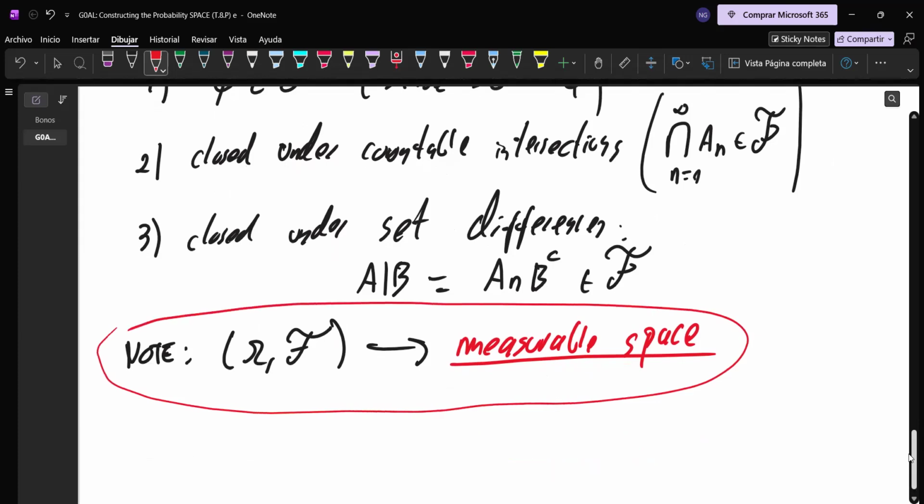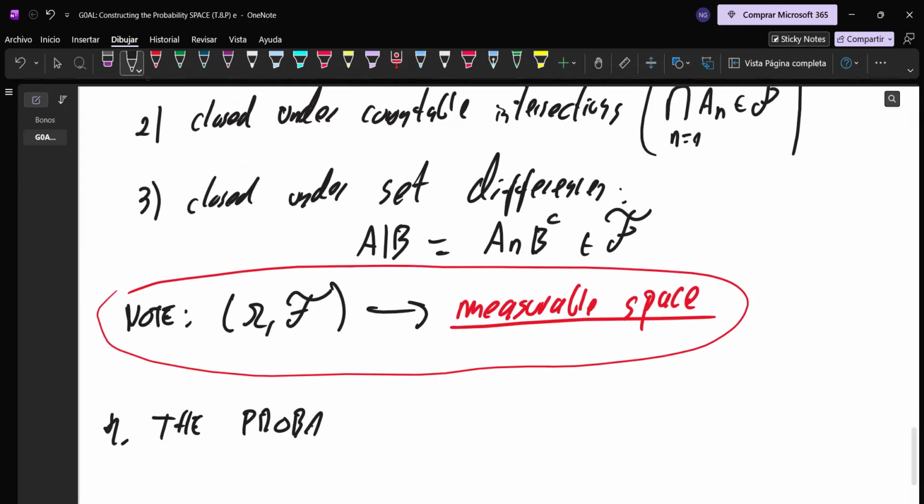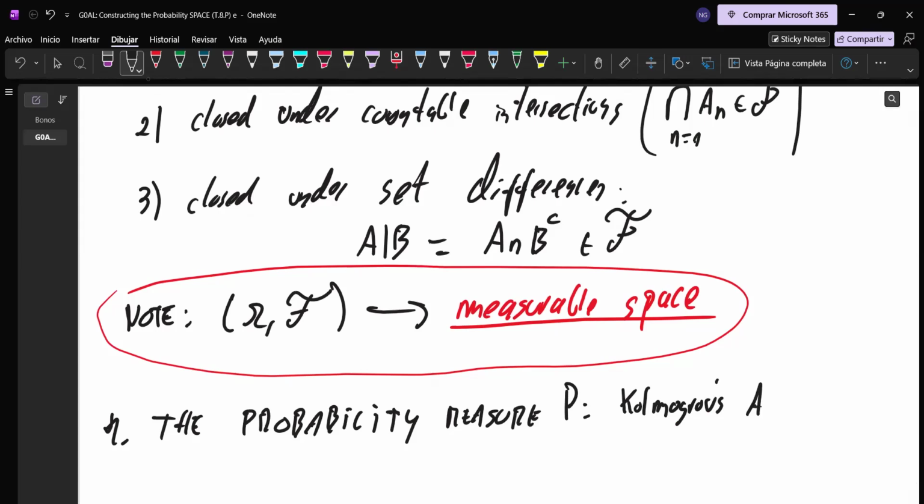Good. So this is the probability measure P, and this is the Kolmogorov axioms.